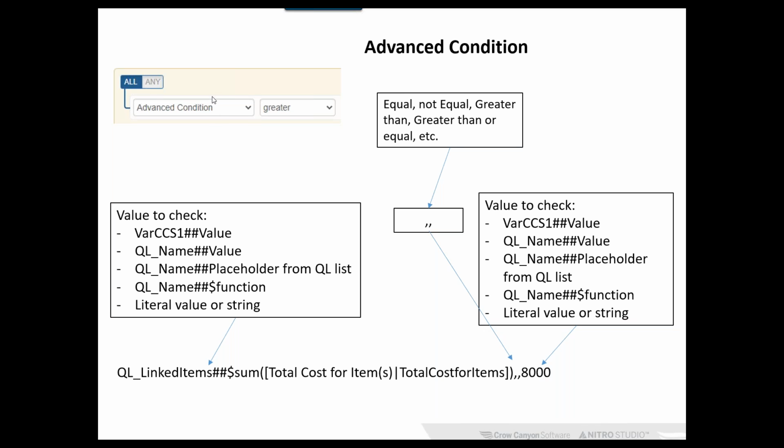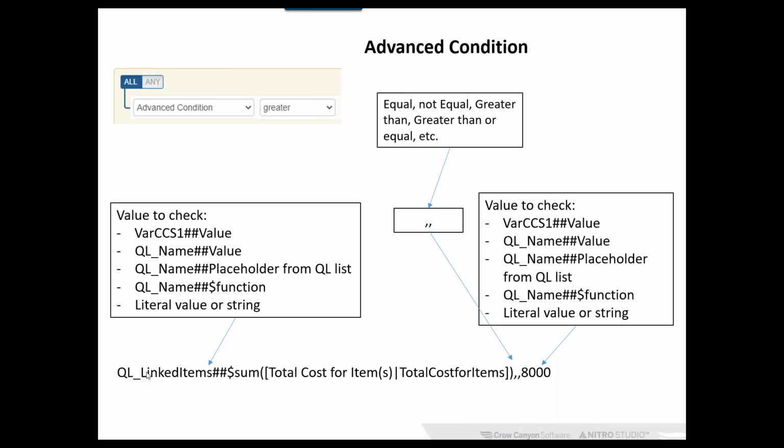What we're saying is we're going to define our condition as an advanced condition, and then we're going to use some operator. That operator becomes the two commas, so those commas are the placeholder for that operator. Then we put our arguments on each side of that comma separation. Argument one on the left-hand side is what we're querying.